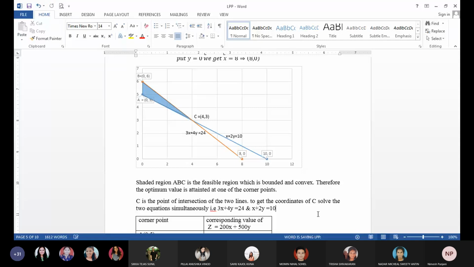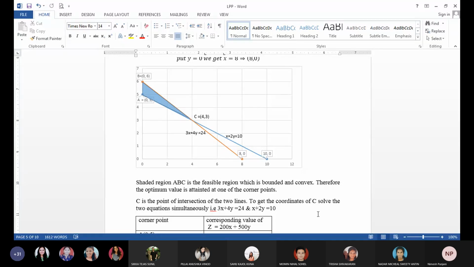C is the point of intersection of the two lines. So to get the coordinates of C, we have to solve the two equations simultaneously: 3x plus 4y equals to 24 and x plus 2y equals to 10. Now by this stage everyone knows how to solve equations simultaneously.